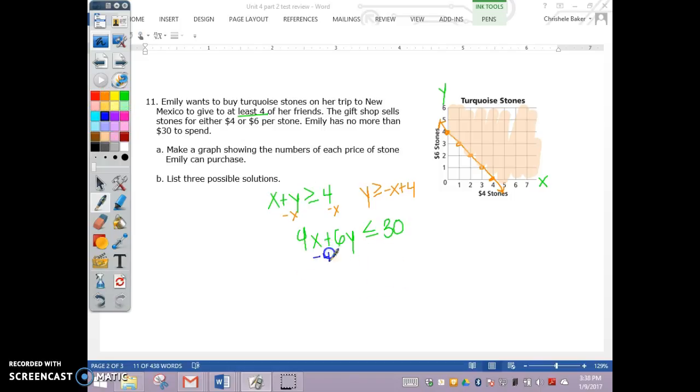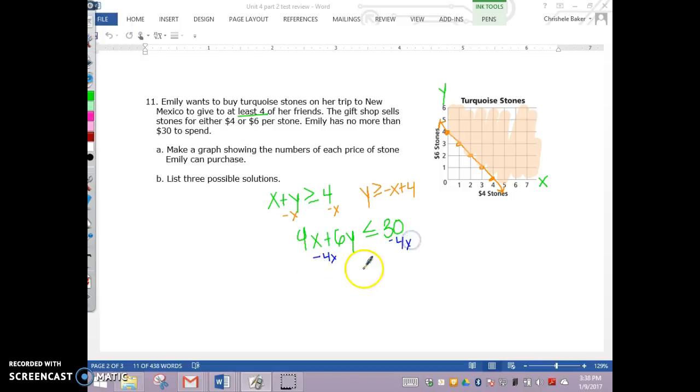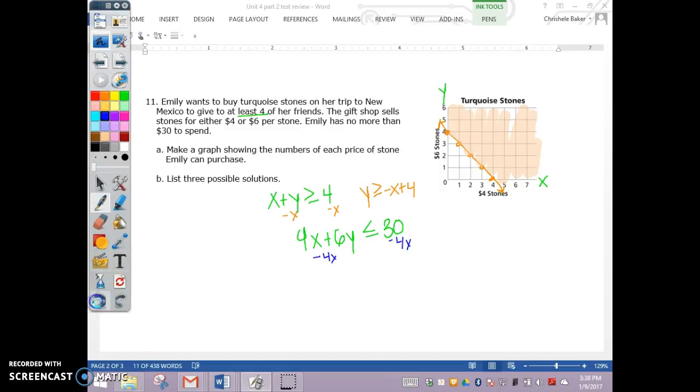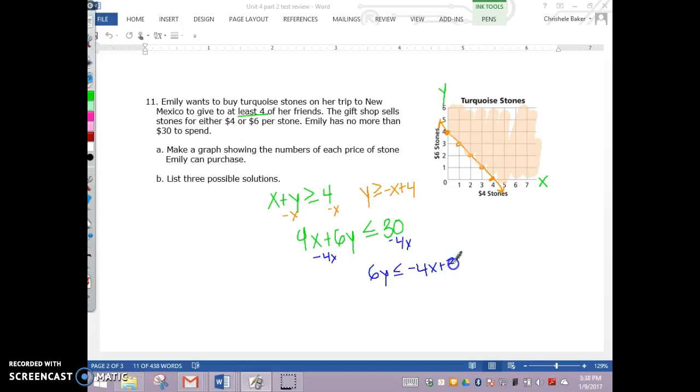Okay, gonna get y by itself by subtracting 4x. Divide by 6. Y is less than or equal to negative 2/3 x plus 5. So down 2 to the right 3, down 2 to the right 3.